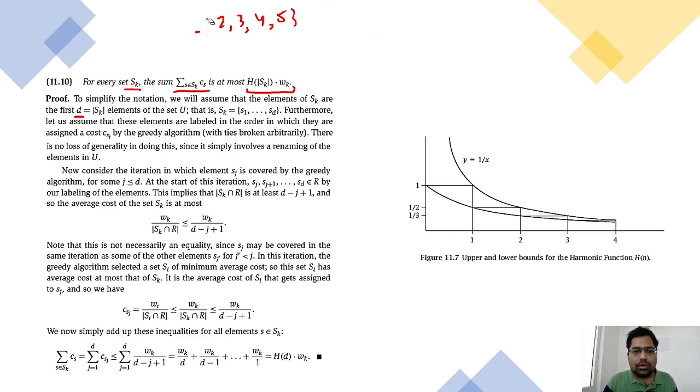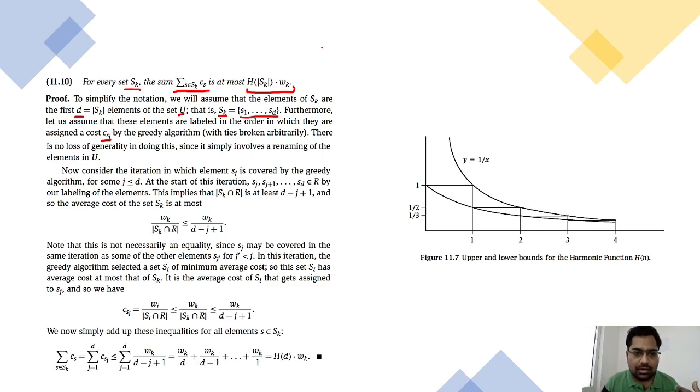Okay, so next, u is the universal set. Next, s k, within that the certain elements we are adding are s1, s2 up to s d. These are the maximum d that we have. Furthermore, let us assume that these are the elements labeled in the order in which they are assigned each cost.